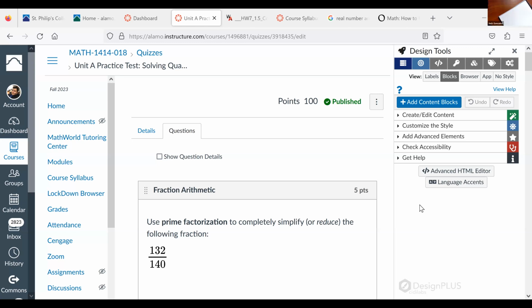Try to do the review without notes just to see if you can do it. But here are the answers for it.